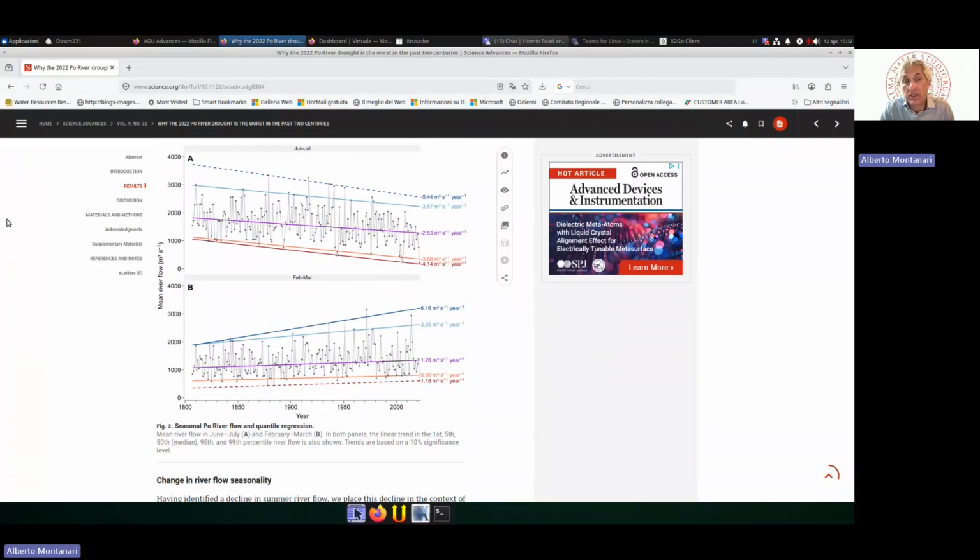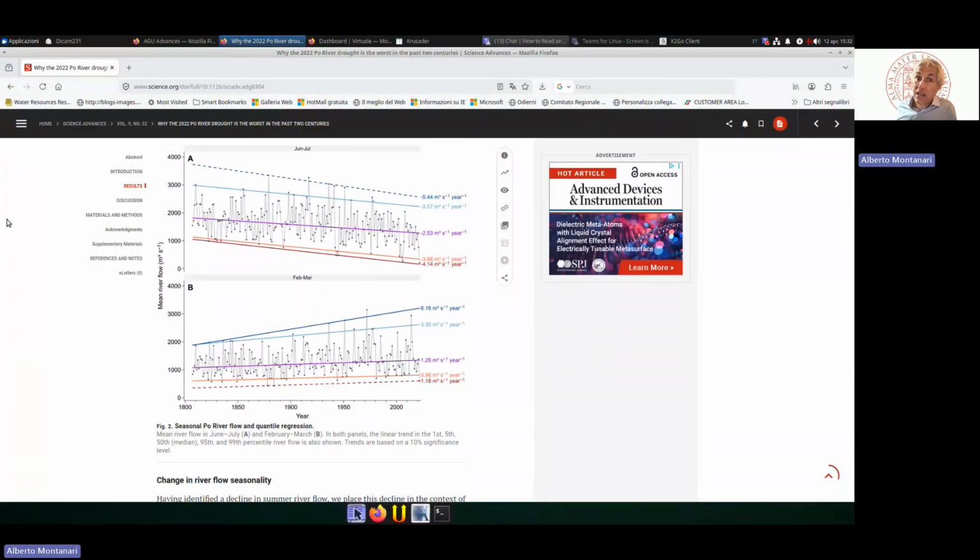And you see that there is indeed a decreasing trend during the observation period from 1807 to 2022. But if you look at the same figure, lower panel, river flows in February and March, impressively enough, you see that there is an increasing trend. And this is the answer to the previous question.